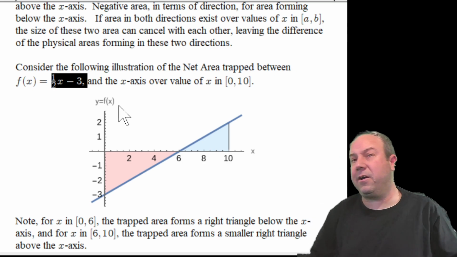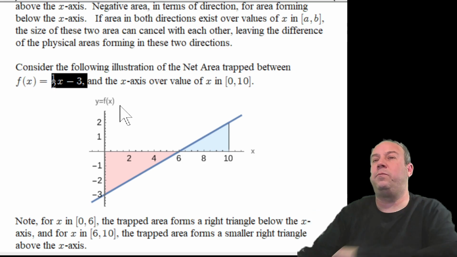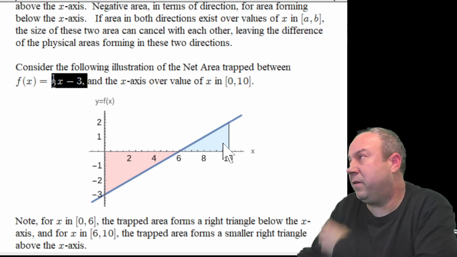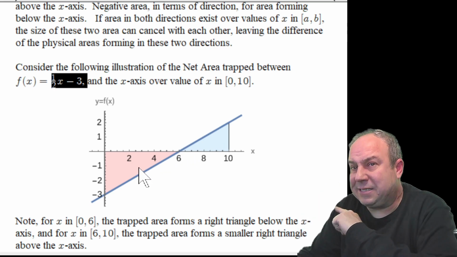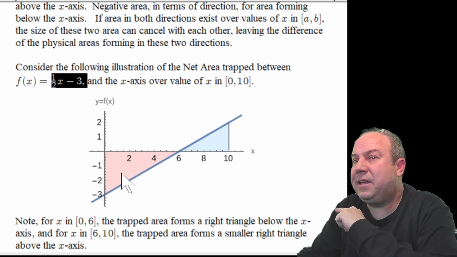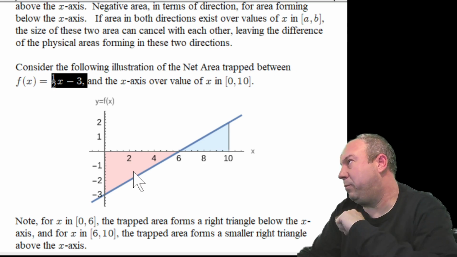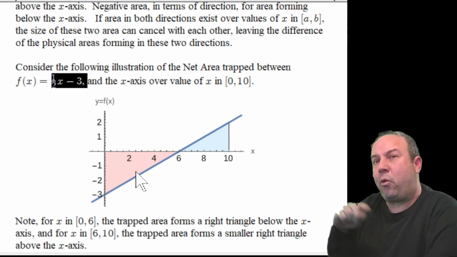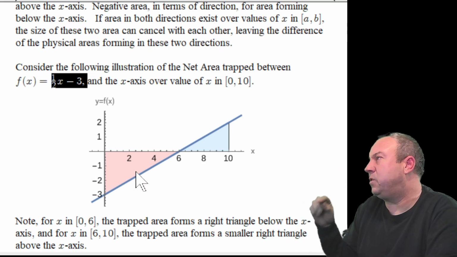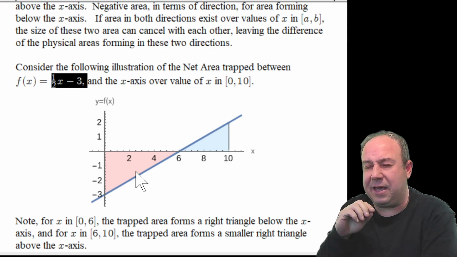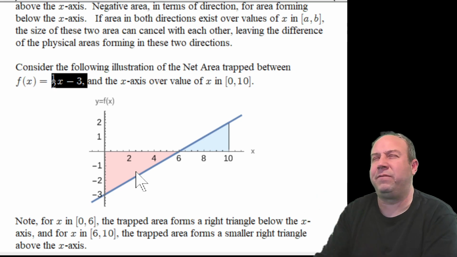And the net area that we would actually calculate would be this positive area 4 minus this negative 9 for this net area, which would be plus 9. And we would have 4 plus 9, or 13 units squared, for the definite integral of the absolute value of that function.